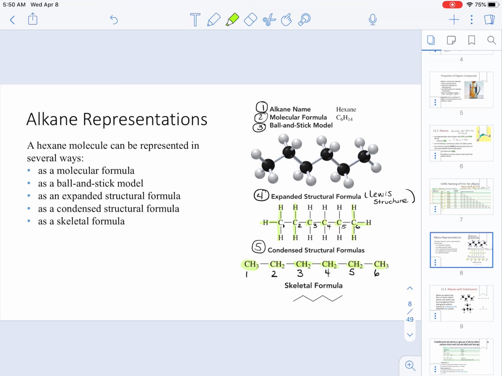That's why it becomes a CH3. Now, understand that a CH3 can be written in that manner, or when it's H3C, these two ways of writing it mean the same thing.